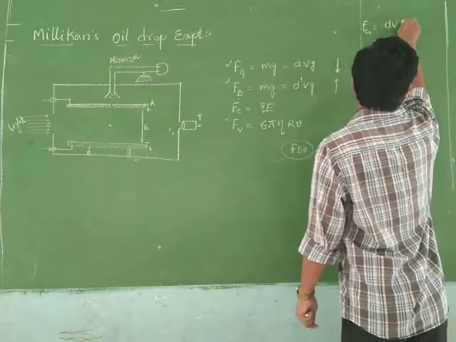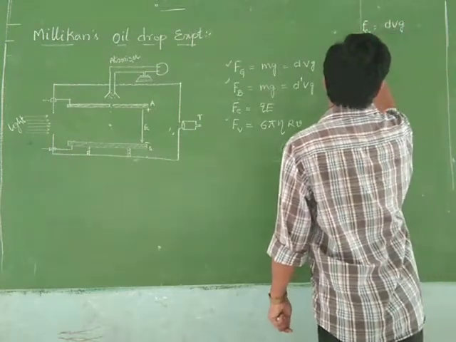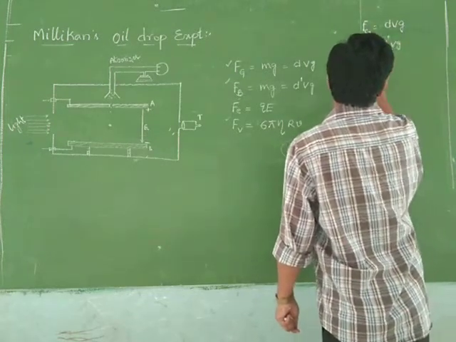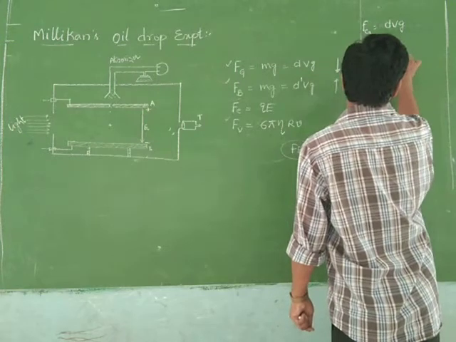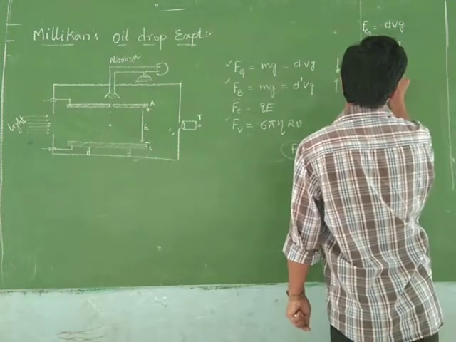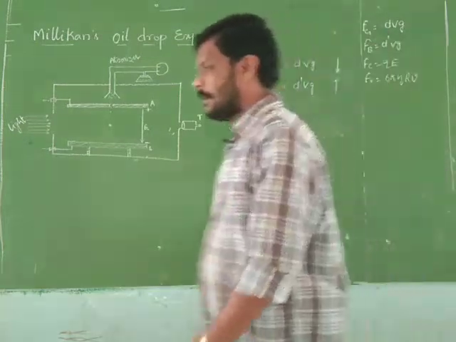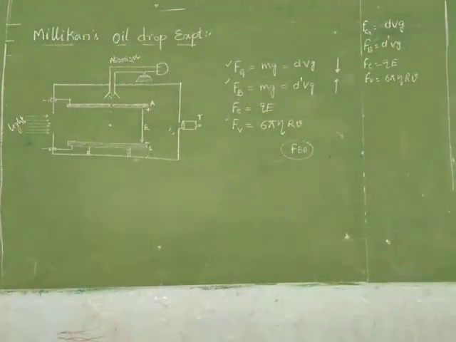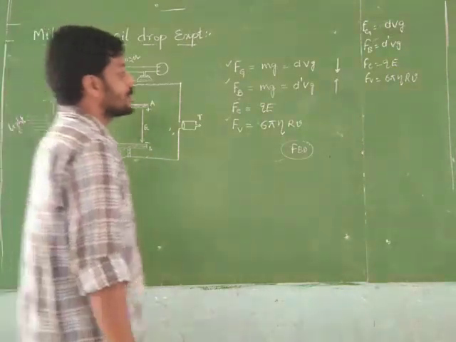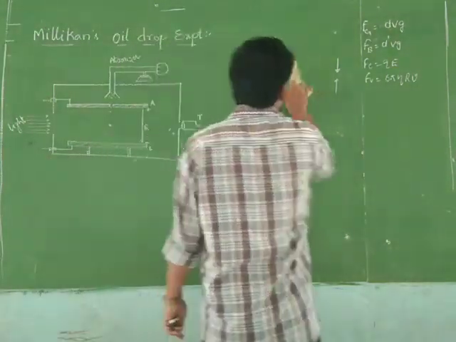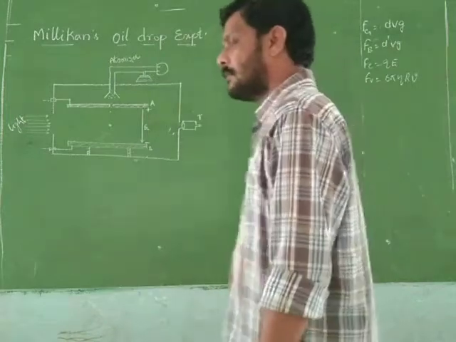So it is d v g, the buoyancy force is d prime v g, the electric force is qE, and the viscous force is 6 pi eta r v. Here v has a special name known as terminal velocity. I think you heard the word terminal velocity in first year.